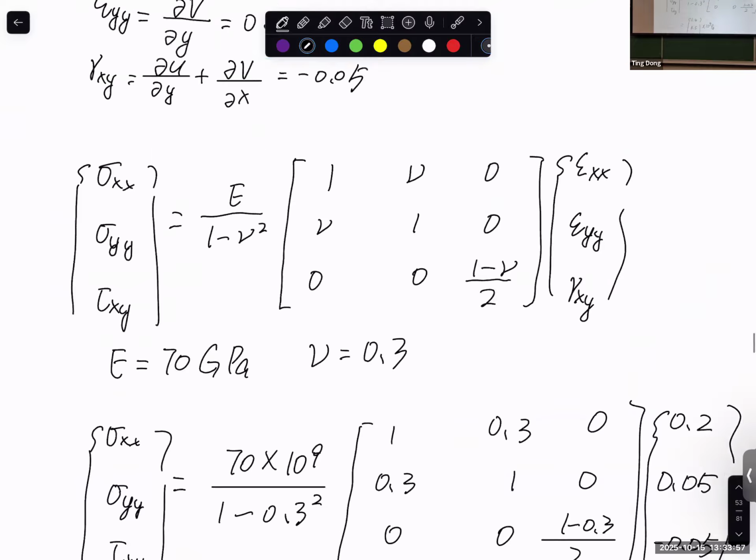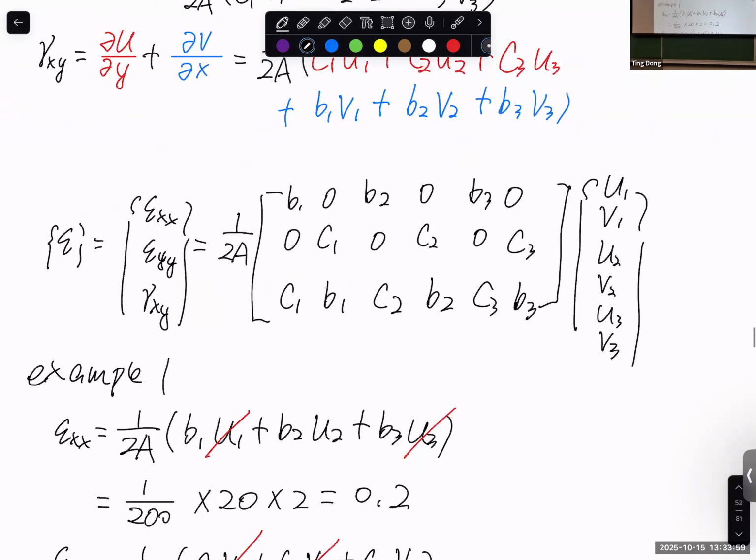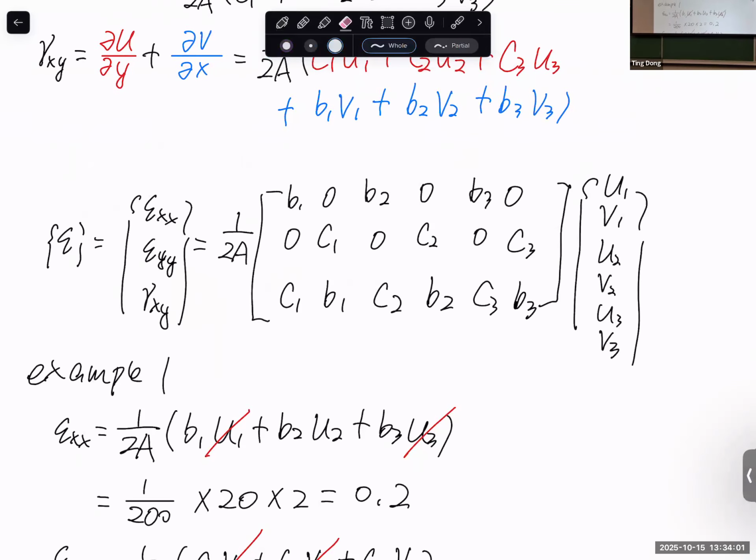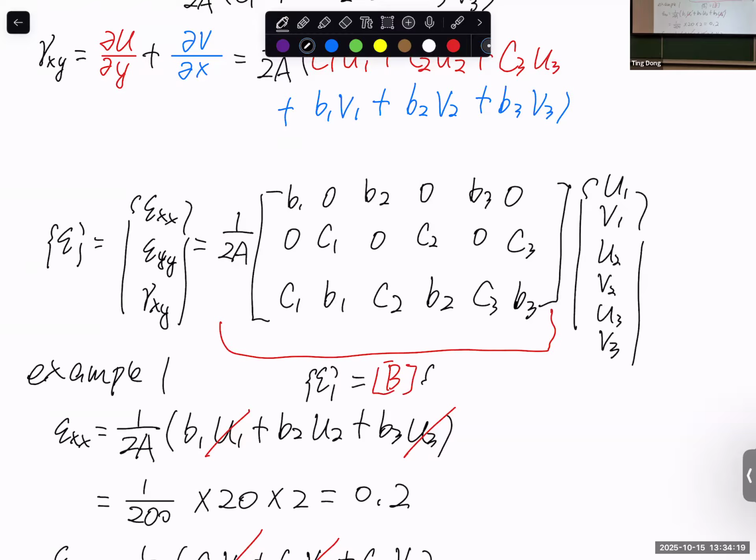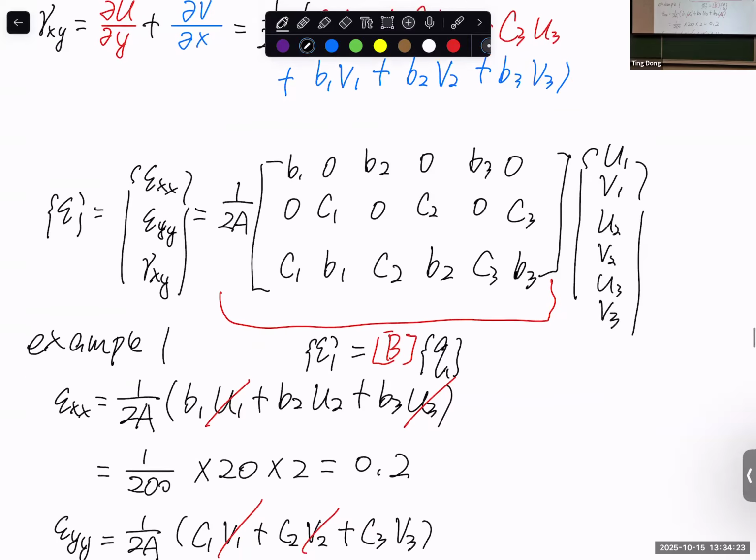And I think I forgot to put this one here. We normally define this matrix as the B matrix. So the strain vector is equal to the B matrix times the degree of freedom vector Q. Right, so this is strain.